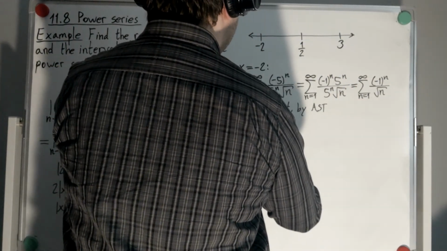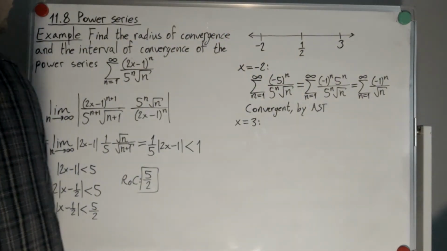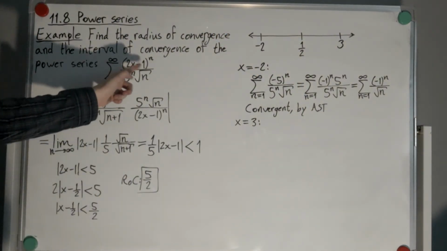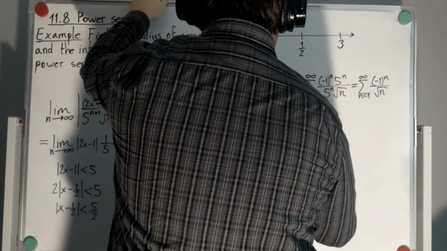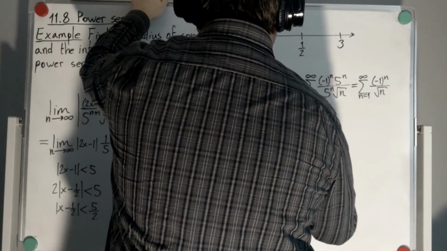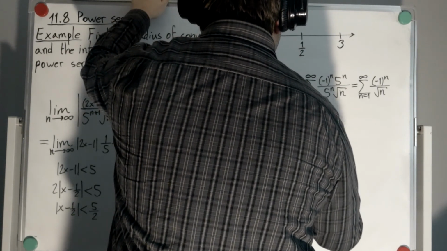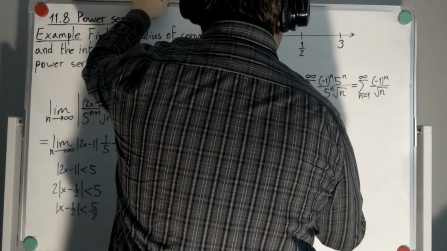Now how about when x equals 3? Well, when x equals 3, we have 2 times 3 minus 1. That makes 5. So this is the sum from n equals 1 to infinity of 5 to the n divided by 5 to the n root n.